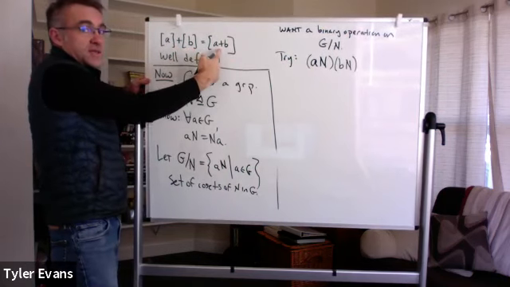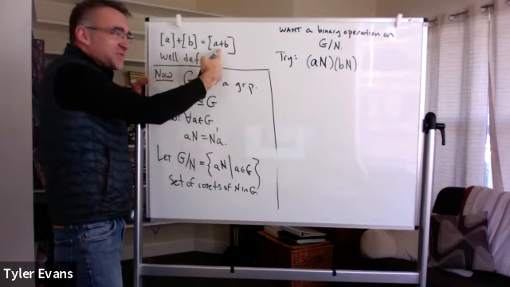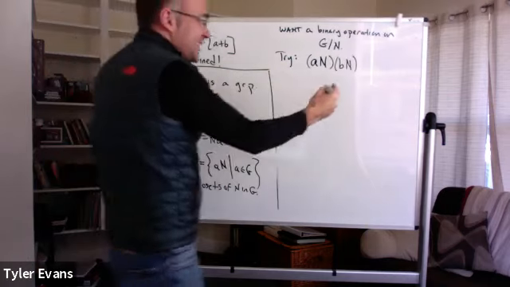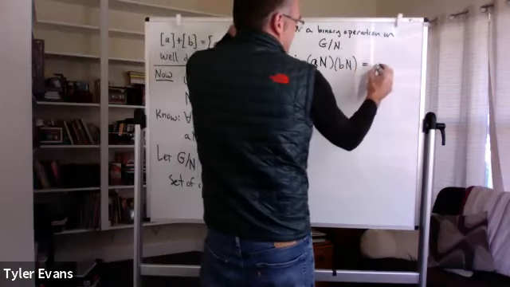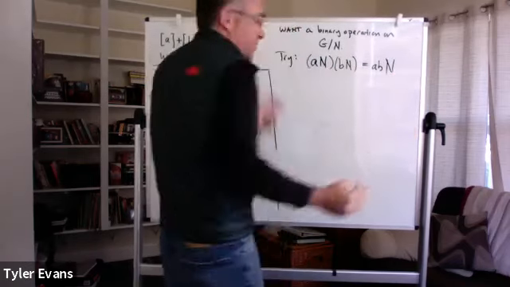Well, can you guess it? Can you pause the video and write it down before I do? What should it be? It should be a coset. And how should I make it? I should take a and b and multiply them in the group G and see what coset they land in.